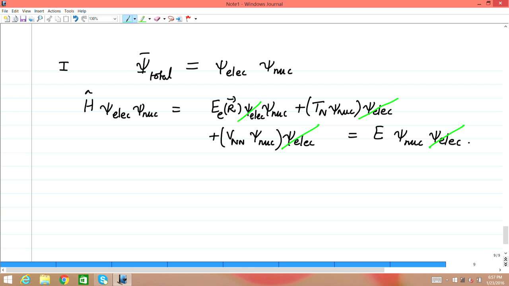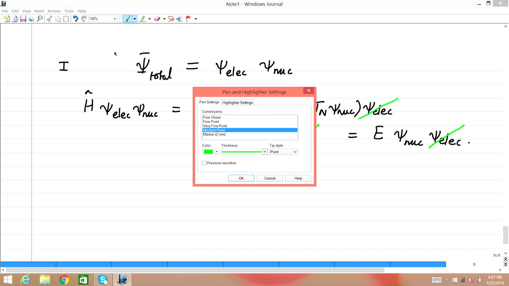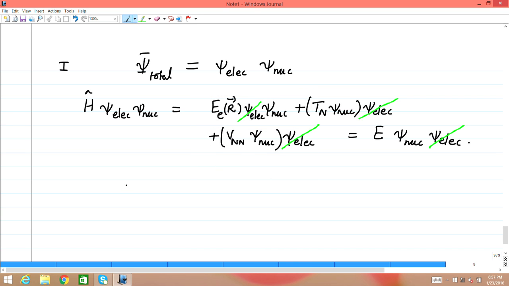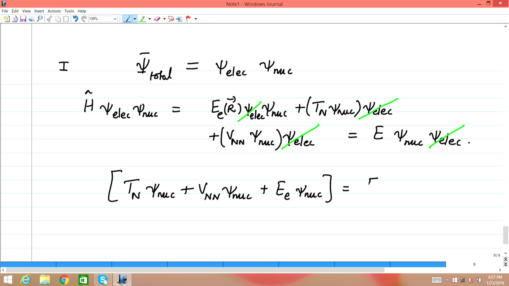And what you get is of course the nuclear Hamiltonian: Tn psi nuclear plus Vnn psi nuclear plus Ee psi nuclear is equal to the total energy E times psi nuclear.